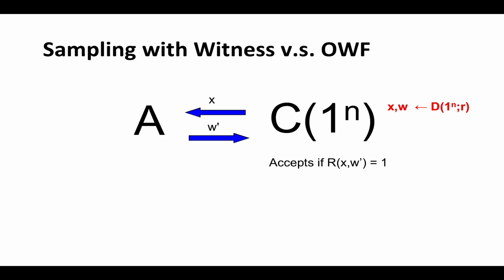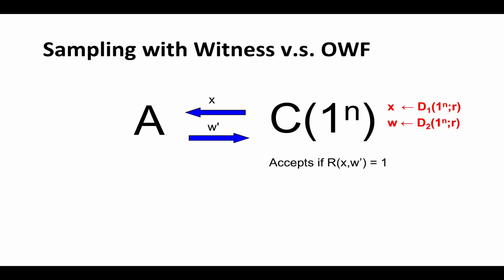But the other direction is also very easy to see. If I have this type of language that's hard on average with respect to a distribution of sampled instances with a witness, then I can view the sampling algorithm for the distribution D as a one-way function also. To do that, it would be useful to decompose D into two parts.